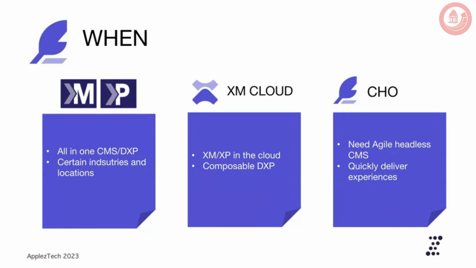And Content Hub ONE is more for projects where you need to spin something up really quick and cheap, because the cost is pretty much on the low side compared to all of these CMSs or offerings, and it helps content authors deliver something really quick. So a campaign landing page or a small microsite can be done really quickly, and could be your go-to.